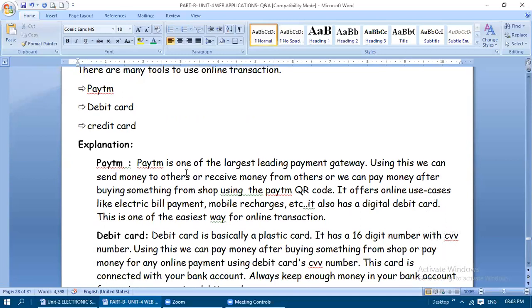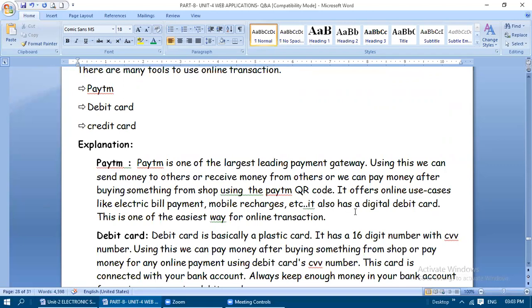So for Paytm, they have given some explanations that we will go through here. Paytm is one of the largest leading payment gateways. Using this, we can send money to others or receive money from others, or we can pay money after buying something from a shop using the Paytm QR code. It offers online use cases like electric bill payment and mobile recharges.